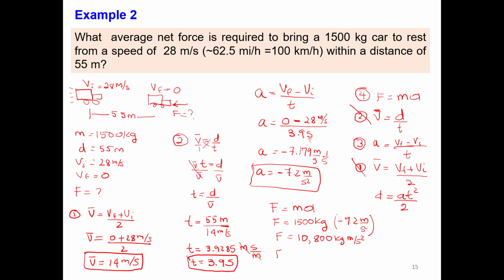If we write this one with the correct number of significant digits, we have 11,000. And we know kilograms meters per second squared corresponds to newtons. Also, you can write this one like 1.1 times 10 to the power 4 newtons.